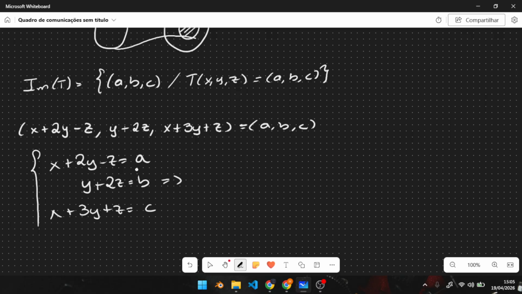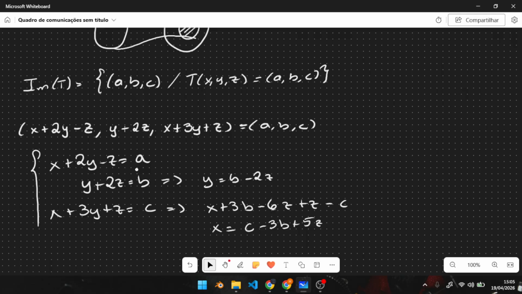From here we have that y is b minus 2z, and then you put it over here. We're going to have x plus 3b minus 6z plus z is c, which means that x is c minus 3b, and this over here is going to give you minus 5z, so plus 5z. Let me check.